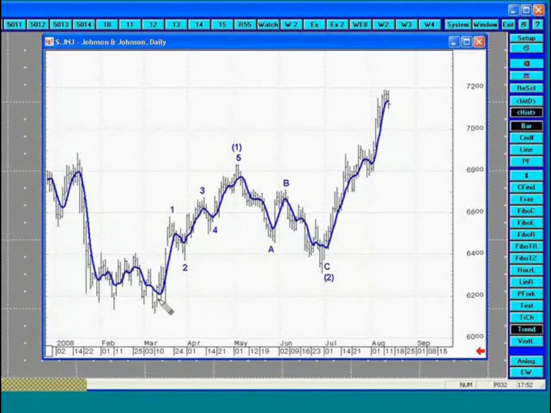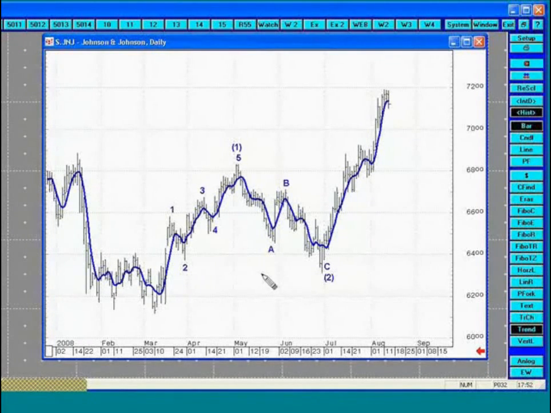The moving average did a wonderful job isolating these waves for you without too much stress on your part. I mean, granted, I've been doing this for 15 years, but I remember all too well and very clearly how confused and frustrated I would get trying to apply the wave principle, looking for these line diagrams on an open, high, low, close chart, and at times it was very frustrating.